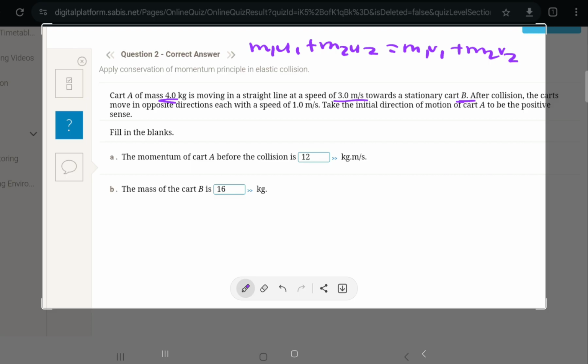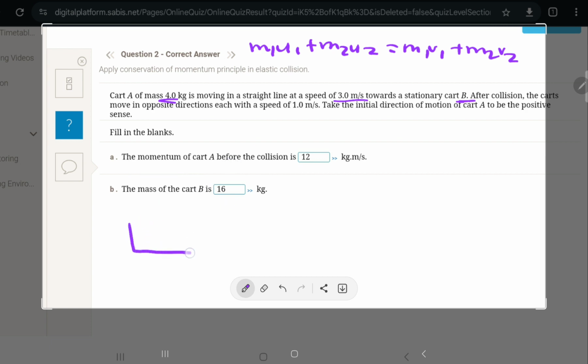After collision, the carts start moving in opposite directions, and both of them have a speed of 1. They said to take A's initial direction as positive. Now they ask for the initial momentum of cart A and the mass of cart B.